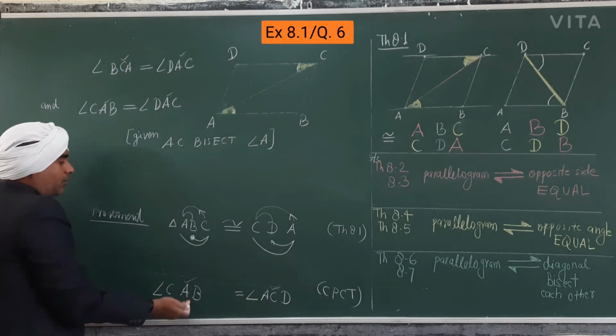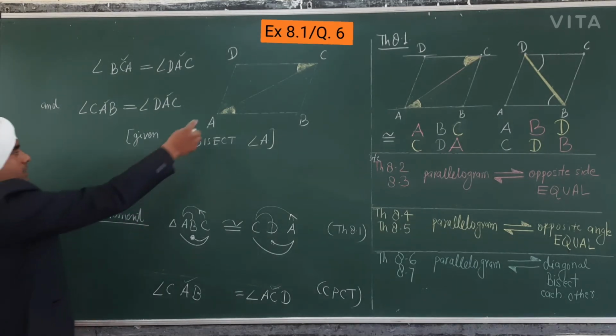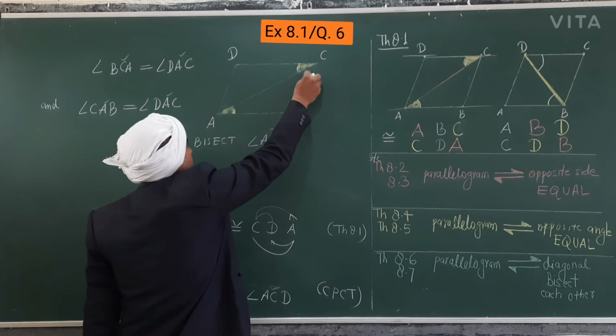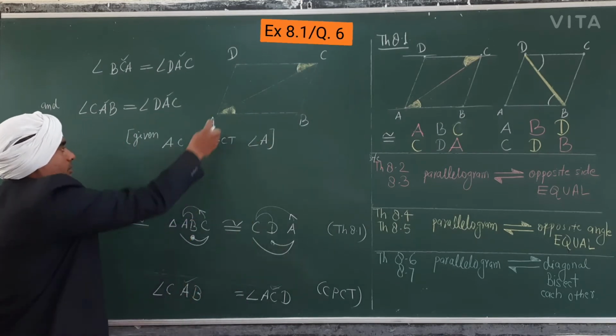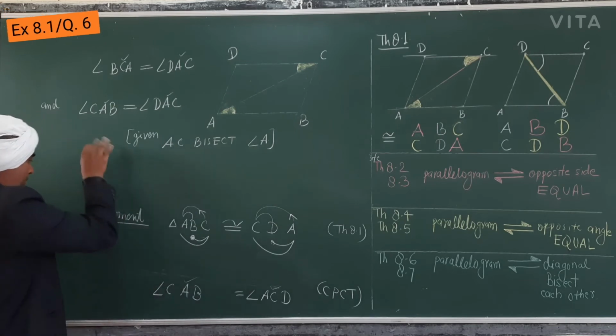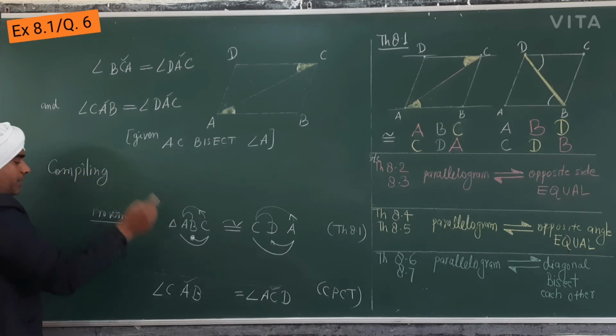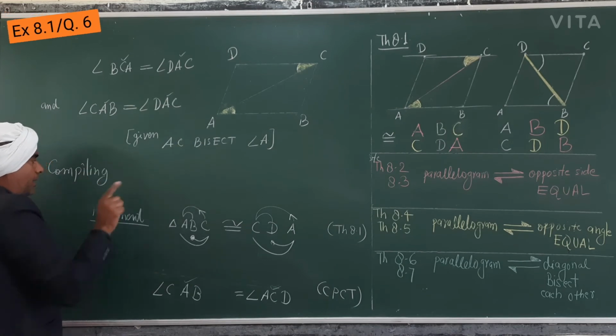Taking all these three relations one at a time, what will you get? All the angles are equal. So this is equal to this, similarly this will be equal to this. So you will write, compiling. Compiling means you will see all the three equations, this and this, in one side.